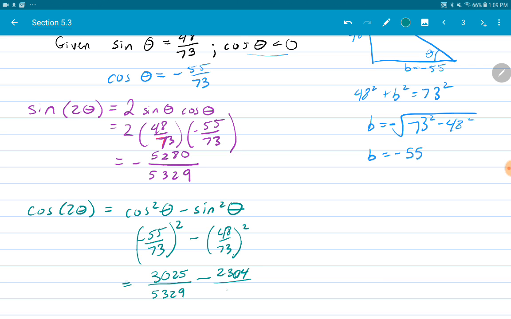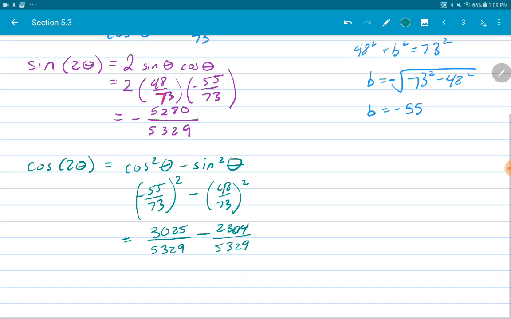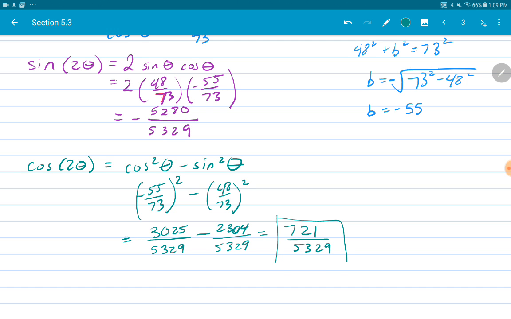And again, the 73 squared gives me that 5329 again. So I already have a common denominator, and I can just subtract, and I get 3025 minus 2304 gives me 721 over 5329. There's no common factors with those, so that is my final answer for cosine.